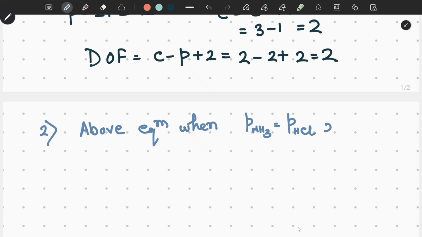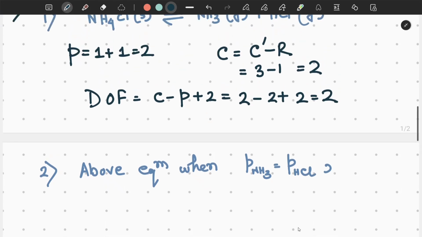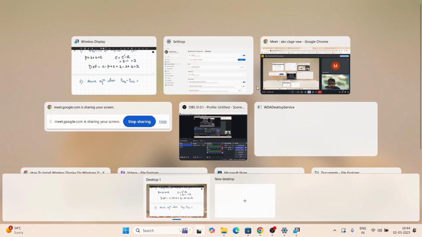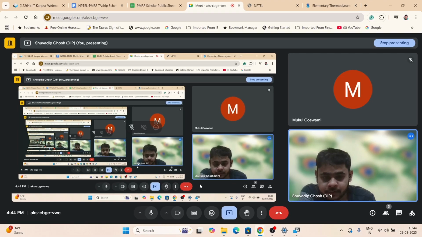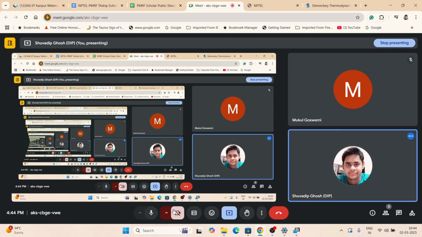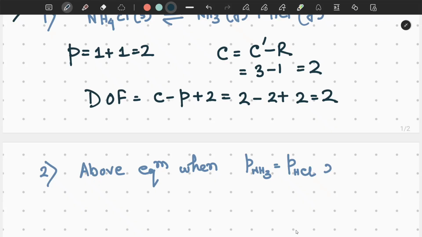Now you calculate what will be the degrees of freedom, or the phase or the components.